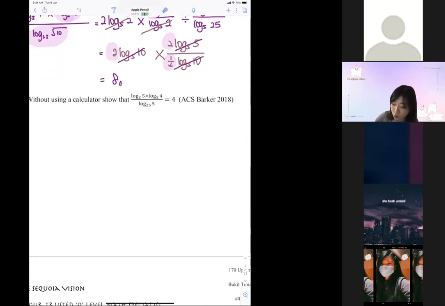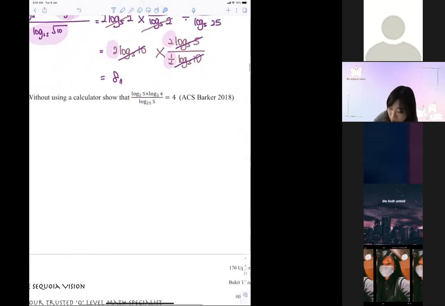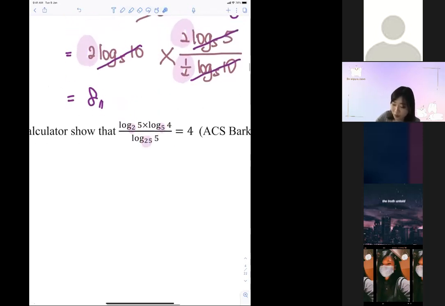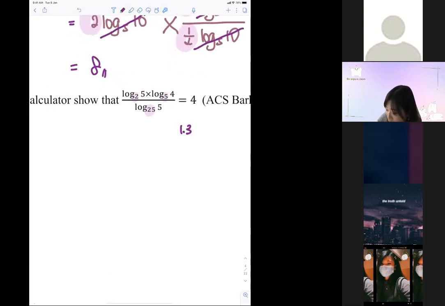Again, the longest line, if you don't know what to do, you change to divide. All the bases must make it the same. Okay, I give you a clue. Change everything to base 5. Why? Because this is already base 5. This one can change to base 5. This one too, you just change to 5. Okay, I give you until 1:35. See who can finish. Cannot finish, also send me working, okay?